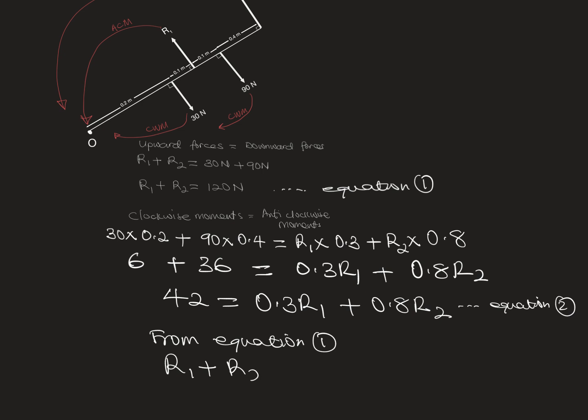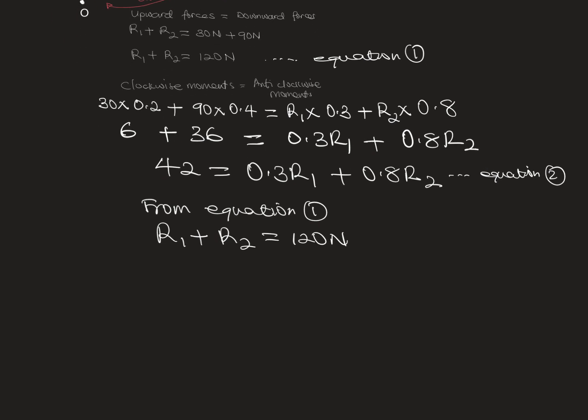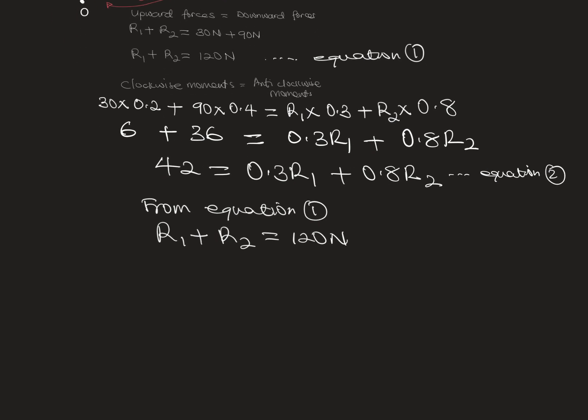So from equation 1, R1 plus R2 is equal to 120 newtons. I can make any of them the subject of the formula so that I can substitute it in equation 2. Let's say I want to make R2 the subject of the formula. Therefore, R2 is equal to 120 minus R1.